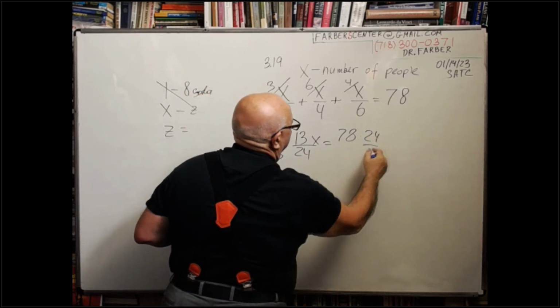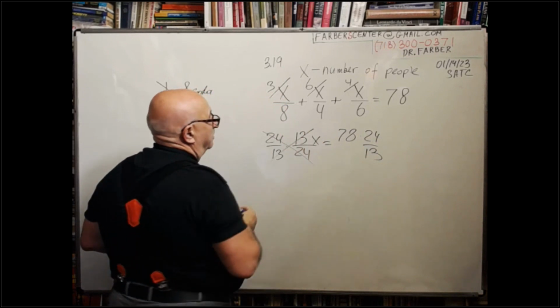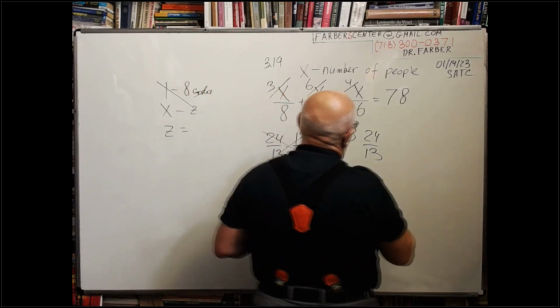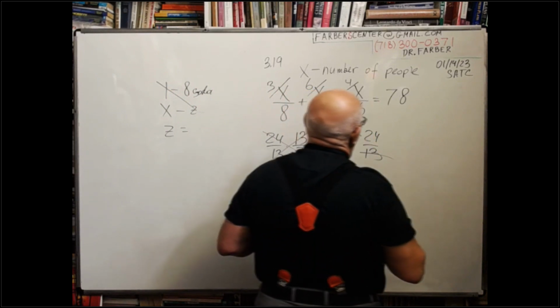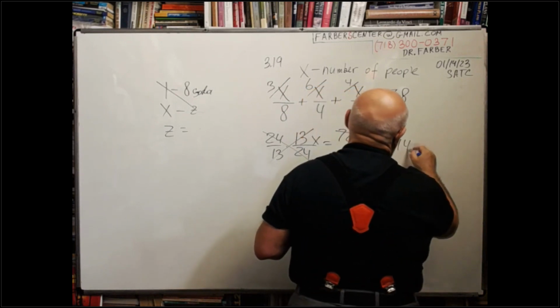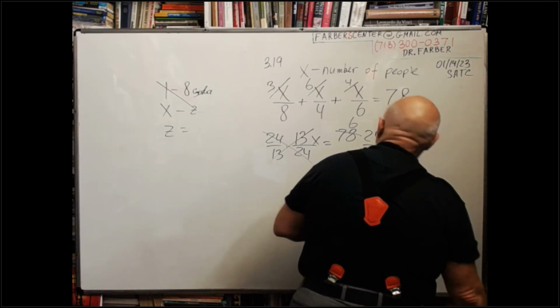Cancel, cancel. 13 goes into 78 6 times. 120 plus 24, 144. Okay, so far so good.